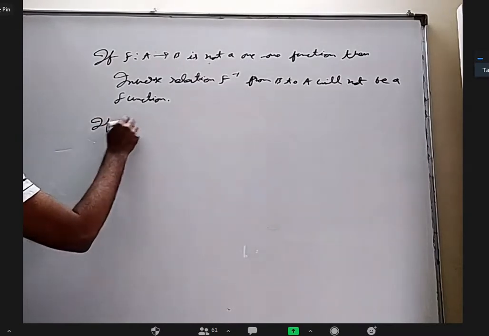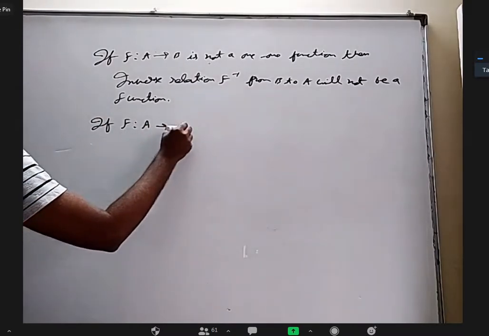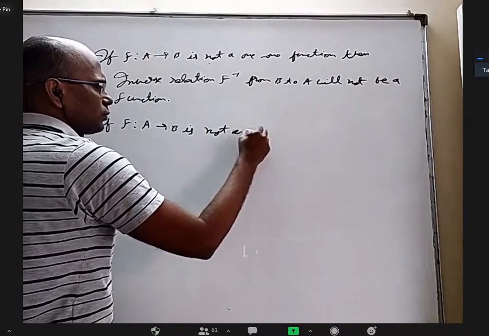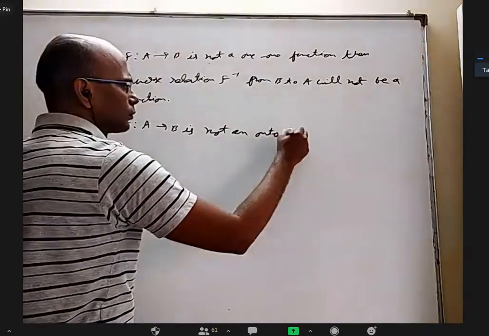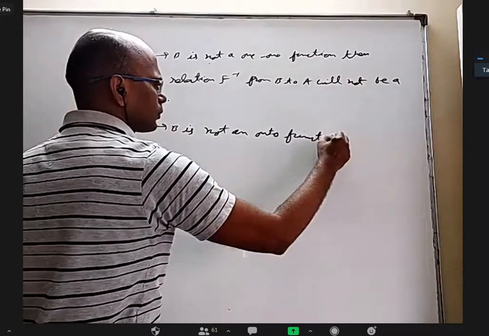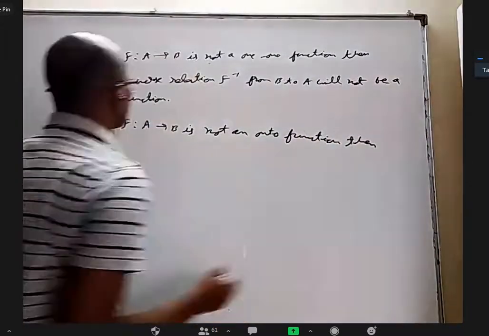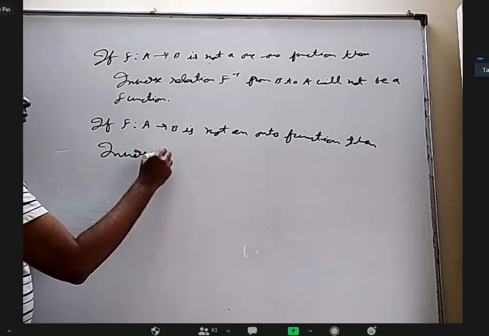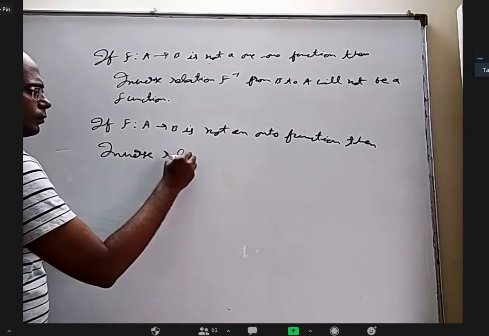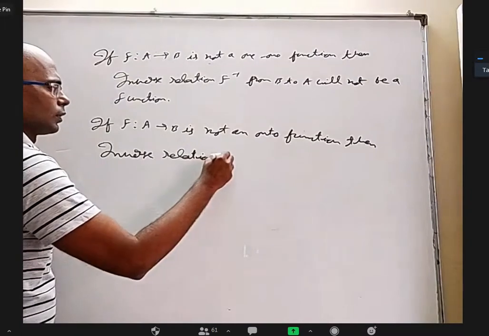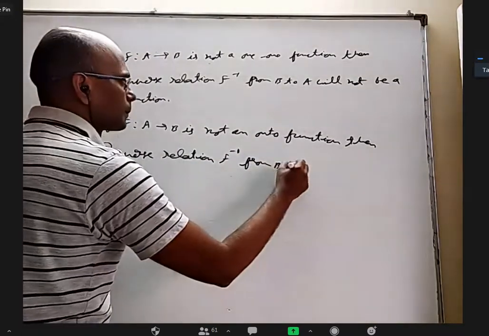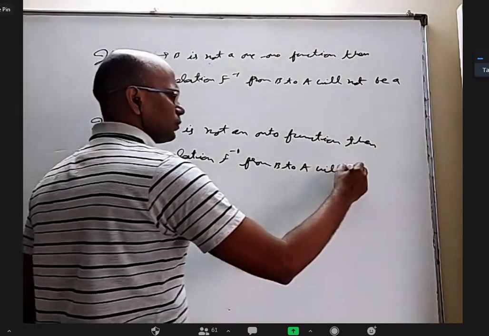Similarly, if f from A to B is not an onto function, then the inverse relation f inverse from B to A will not be a function.